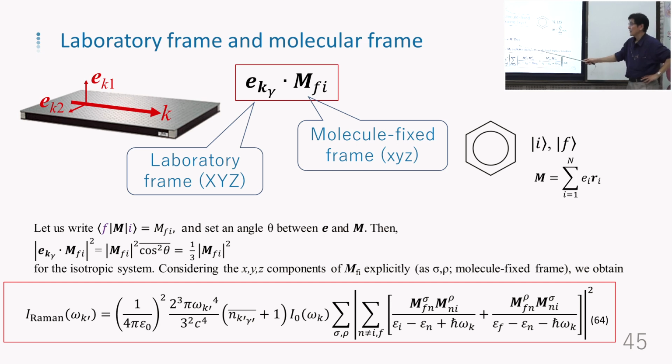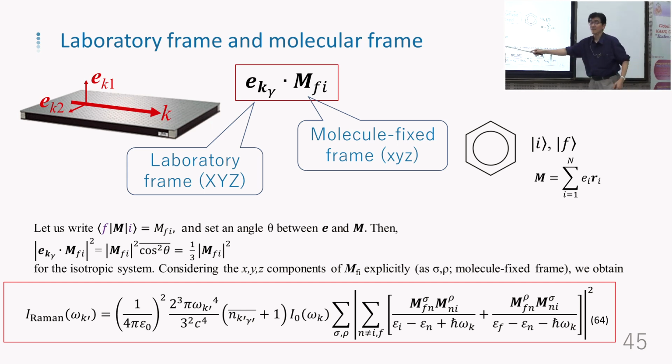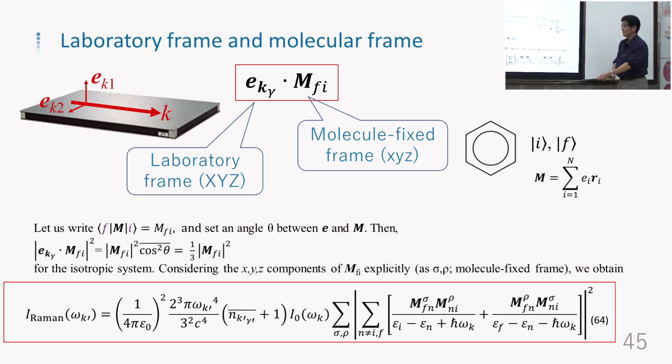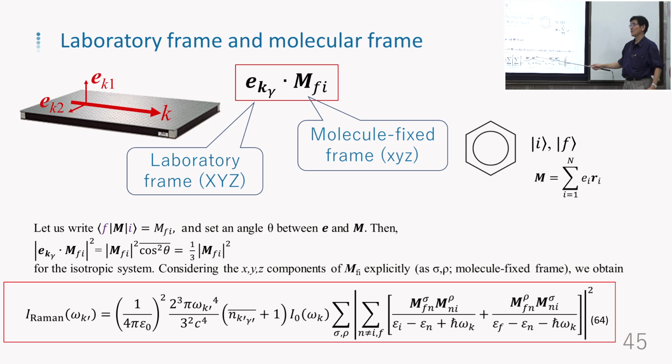Okay, so here sigma and rho are introduced to indicate x, y, z in the molecule fixed frame. Okay, M is a vector quantity, so it includes 3 components, x, y, z, in the molecule fixed frame. So sigma and rho indicate x component, y component, z component.